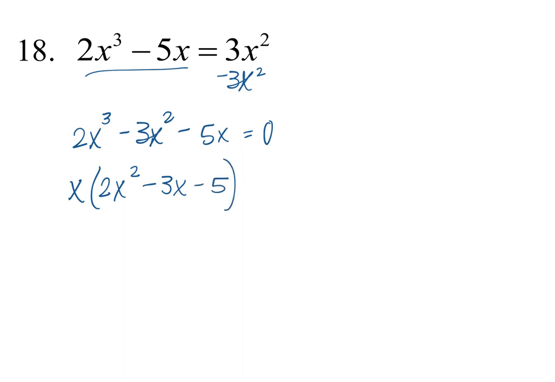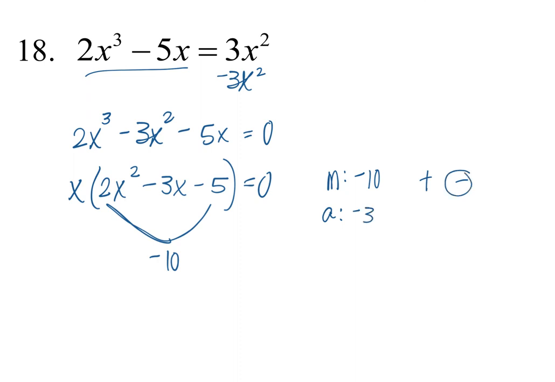So on that trinomial that is left, I'm going to do that AC method. So you're looking for what multiplies to give you negative 10 and what adds to give you negative 3. If you're multiplying to get negative 10, your signs are different. And if you're adding to get a negative, as in negative 3, your larger number will be negative. So the factors of 10: 1 and 10, 2 and 5, 5 and 2.